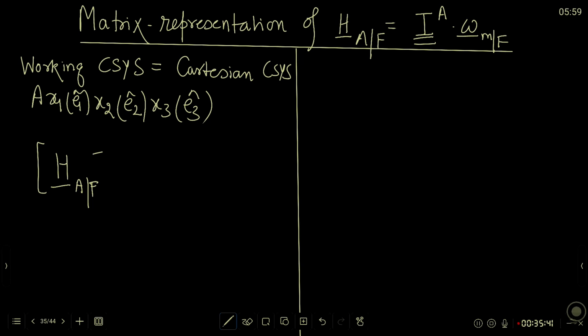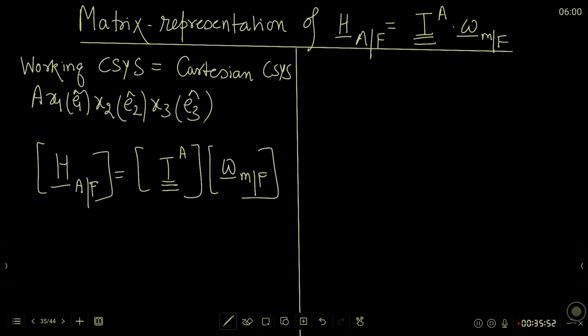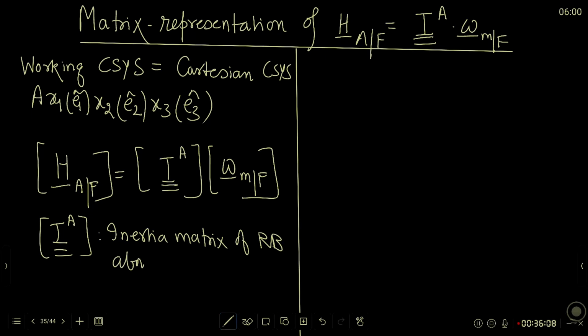We will call this matrix the inertia matrix of RB about point A, at point A, and relative to coordinate system, that's what we will call.